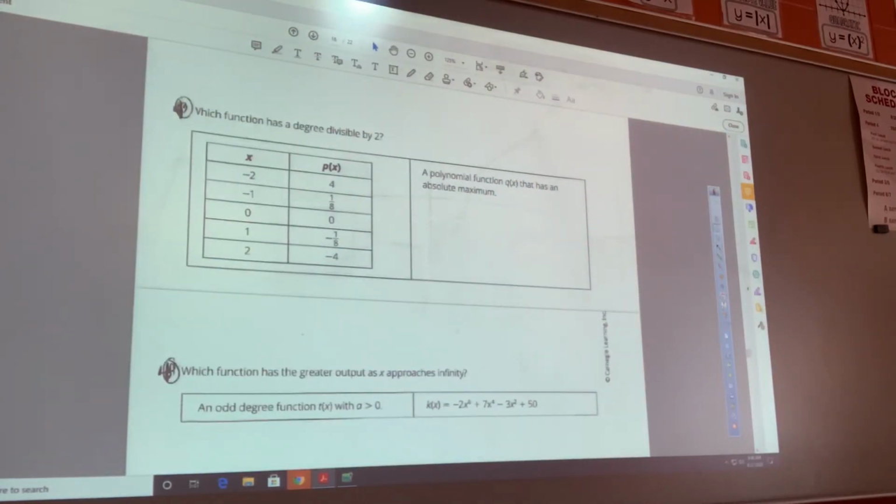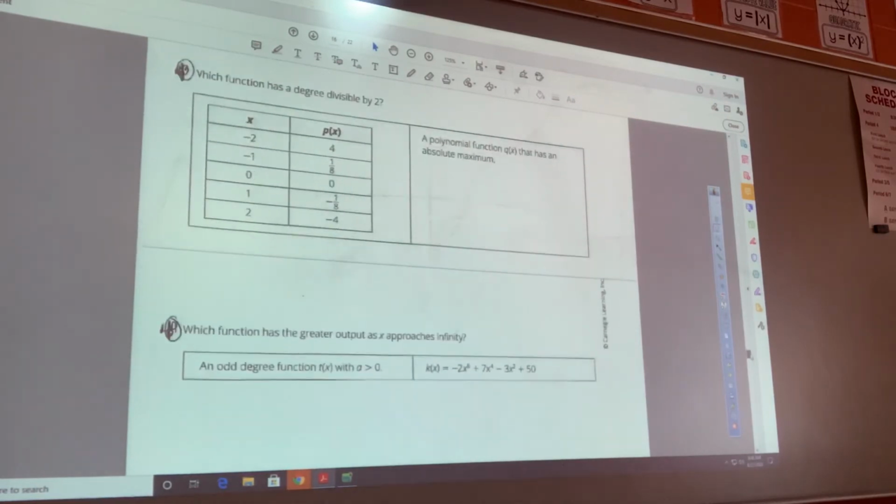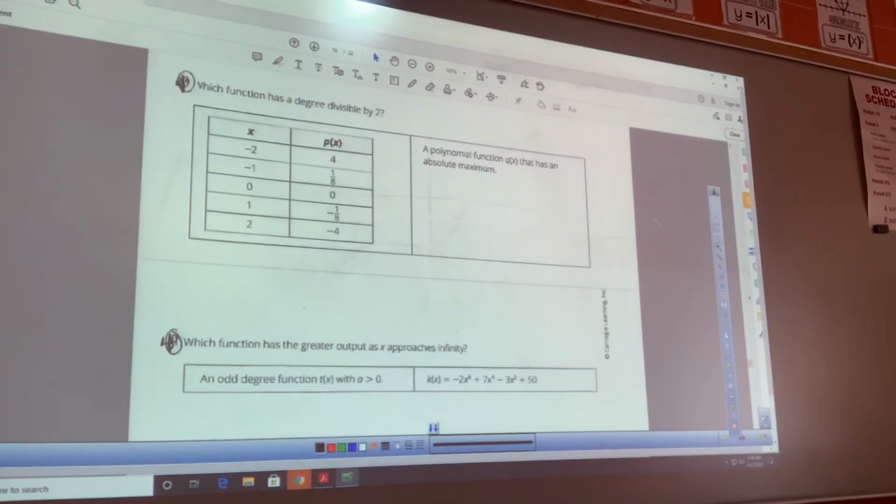Let's look at these. Number 43. Which function has a degree divisible by 2? This polynomial has an absolute maximum. So it must be an even degree.